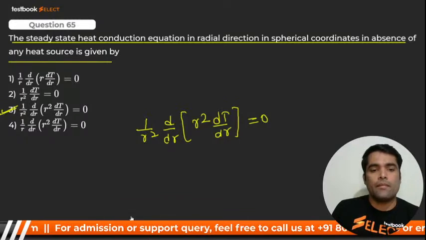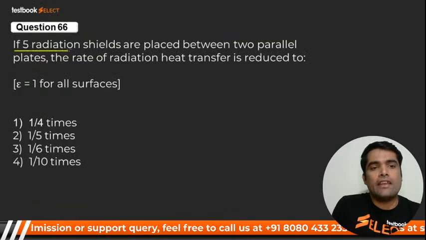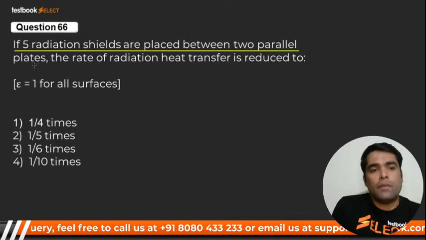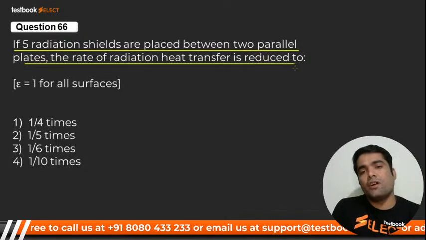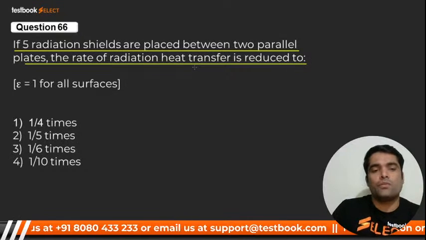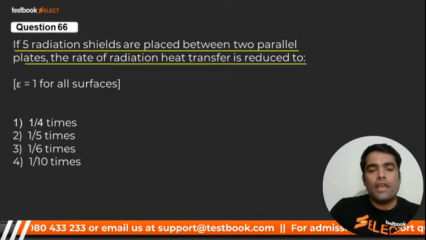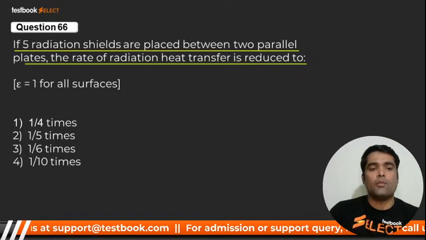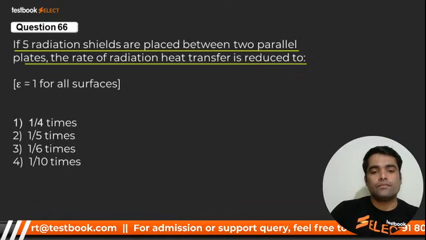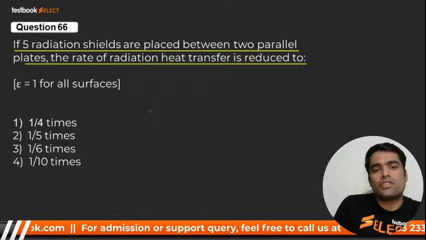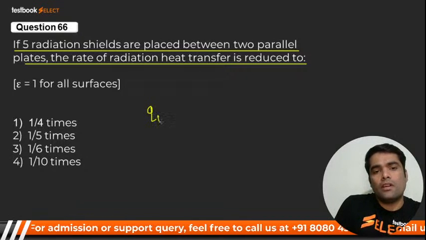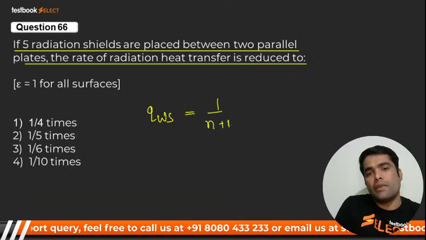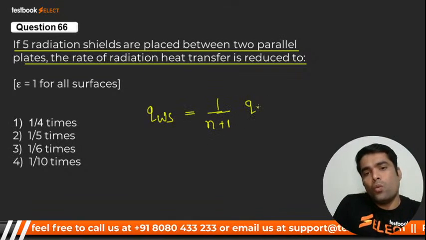If 5 radiation shields are placed between 2 parallel plates, the rate of radiation heat transfer is reduced to. We have already learned and done the derivation: Q with shield is equal to 1 upon number of shields plus 1 multiplied by Q without shield.